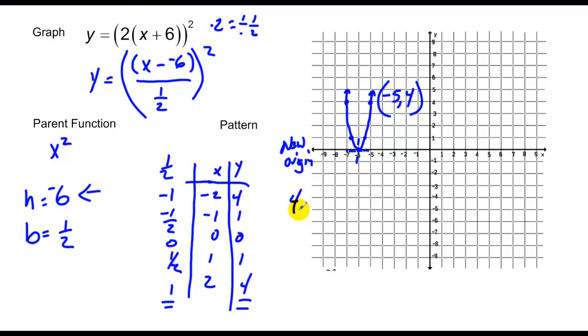So I have 4 equals 2 times -5 plus 6 squared. 4 equals 2 times 1 quantity squared, or 2 squared, which is 4, and it checks. So that's what we've got done as far as just the graphing goes.